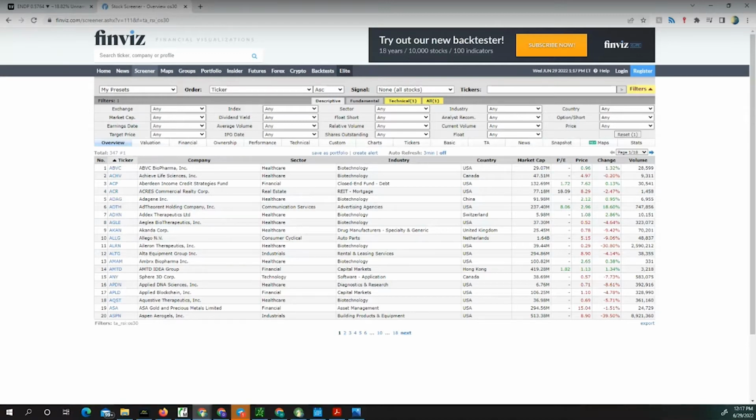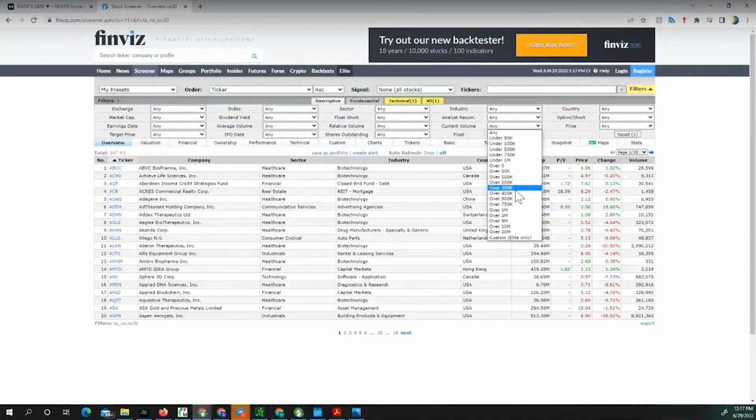So like I said, the first screening criteria is volume, and you can either use current volume or average volume. In essence, you want something that has good average volume, but current volume is what's happening currently, and therefore, if that's a little bit higher, it's a little bit better.